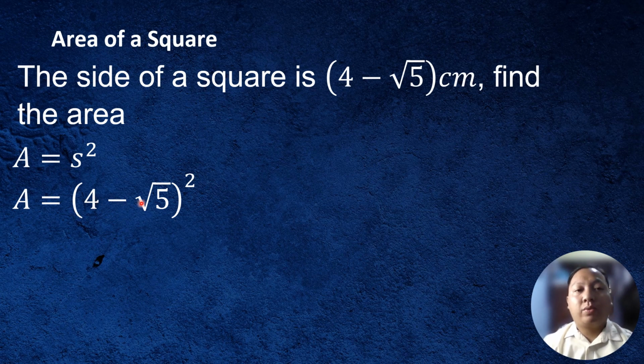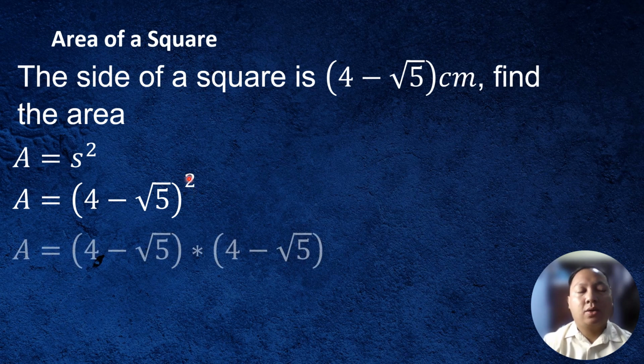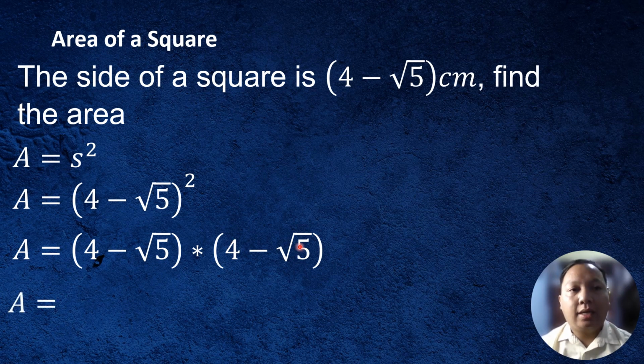Quantity 4 minus square root of 5 squared is quantity 4 minus square root of 5 times quantity 4 minus square root of 5. So, we multiply it by itself. Now, when there are two binomials, automatically, it's the FOIL method. Again, when it's the area of a square and this is the given side, we use the FOIL method.